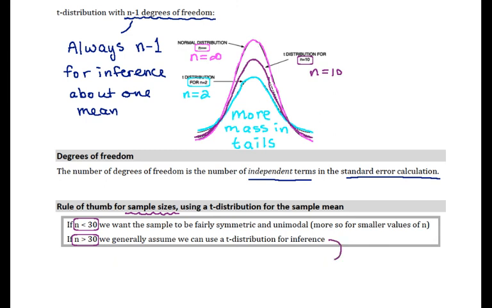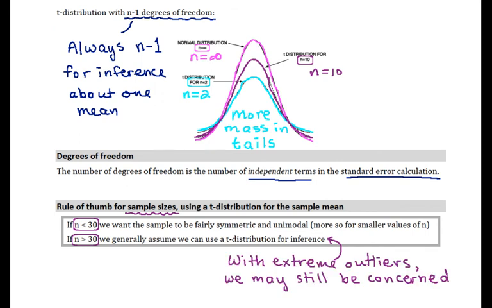There are certainly exceptions to this. If there are extreme outliers, then we might need an n that's substantially bigger than 30. So we may still be concerned about extreme outliers even if we have a sample size bigger than 30. But if we don't know the shape of the sample and we're just doing a very rudimentary checking of conditions, 30 is about where we make that cutoff point where we'd say it's probably okay to not know the exact shape of the sample.